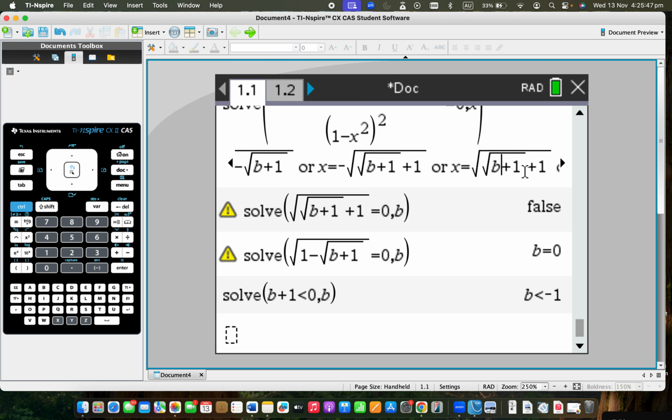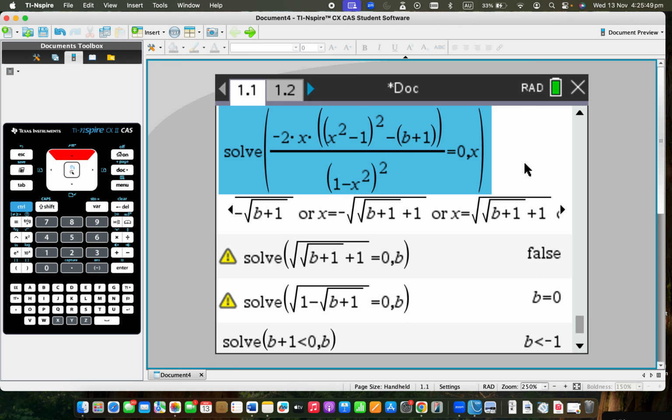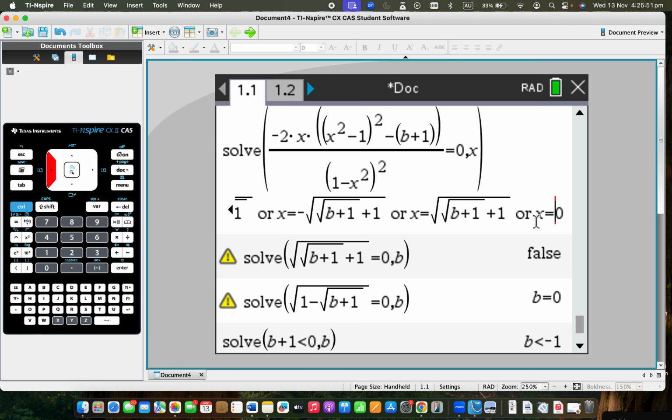So b is equal to 0. I'm just trying to see if there's another case. So if x is 0, that's definitely one of them. The other case is if this is equal to that, right? Let's just see.